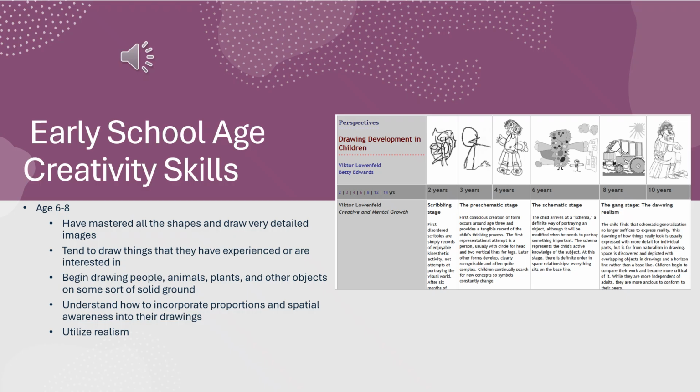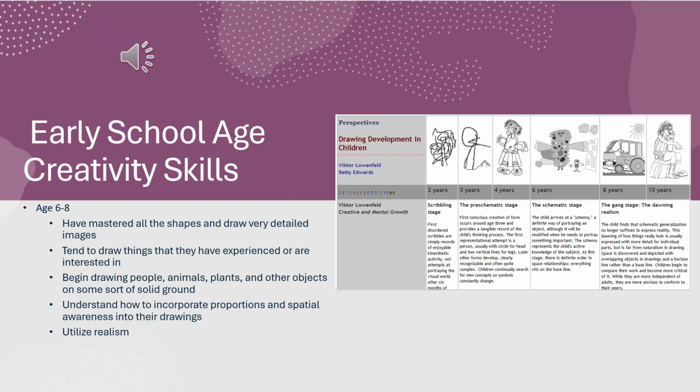They tend to draw things that they have personally experienced or have great interest in. So if a child is not interested in trucks, they're probably not going to draw trucks or not draw trucks well. But if they're interested in trucks, you may get a very detailed truck indeed. They are drawing people and animals and plants and other animals, and they're putting ground underneath them. So we can tell that they're not just floating in thin air anymore.